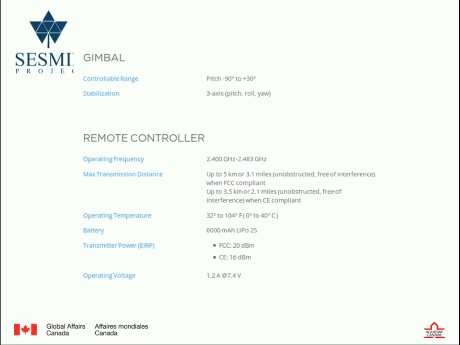Phantom 3 Advanced, 3A, to Phantom 4 Pro uses Lightbridge. It's DJI's proprietary technology, which allows it to go up to 5 kilometers line of sight.